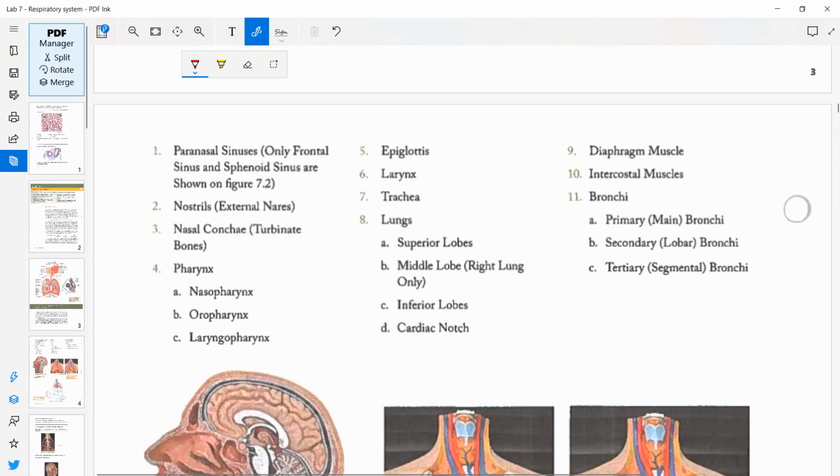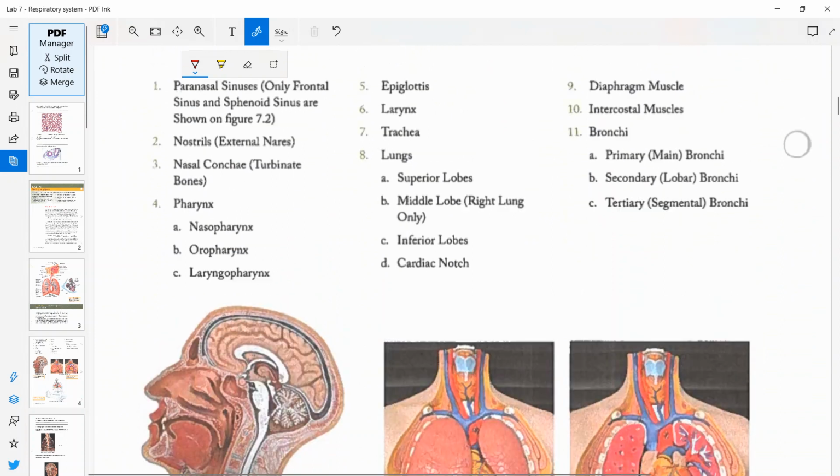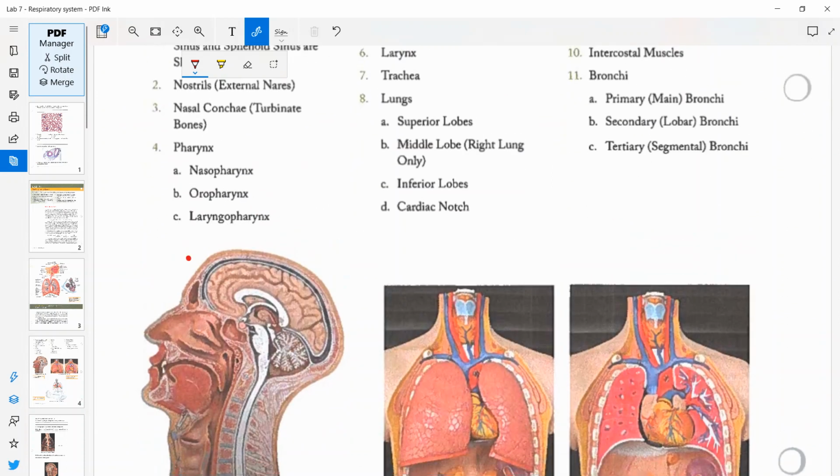So let's identify some structural parts. So first, paranasal sinuses. So that is a frontal sinus, sphenoid sinus, nostrils, obviously here, and nasal conchae. So these are folds that increase the surface area.